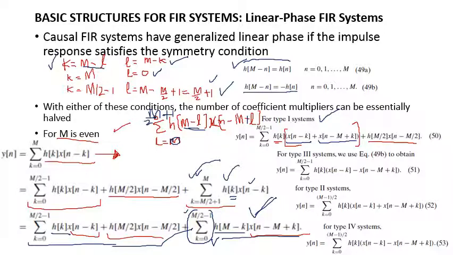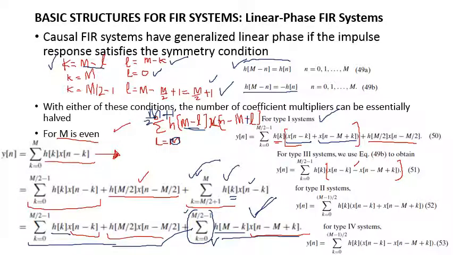For the case of type 3 system, in that case, instead of h of k equals h of m minus k, in fact it is h of k equals minus h of m minus k. So if I place minus here, I'll get something like this, a minus sign here. Because h of k and h of m minus k are anti-symmetric, we'll have a negative sign here. Also because this term is 0 for the anti-symmetric case, we straight away have this expression.